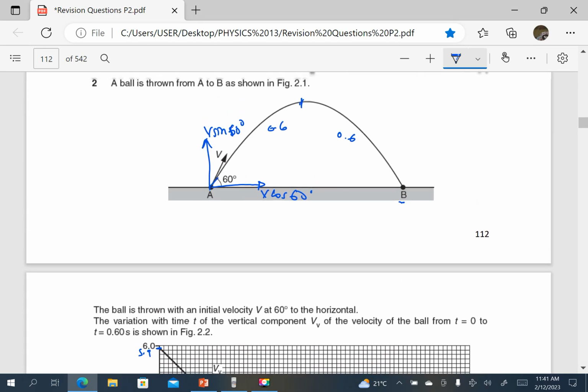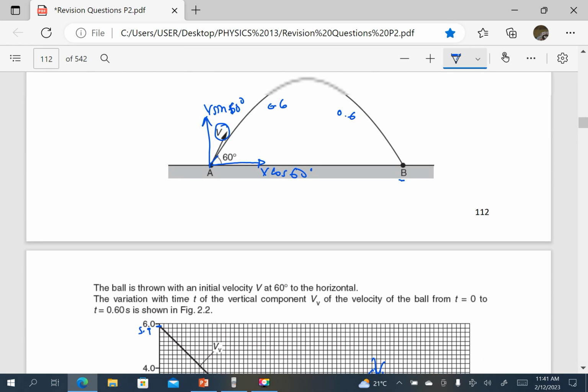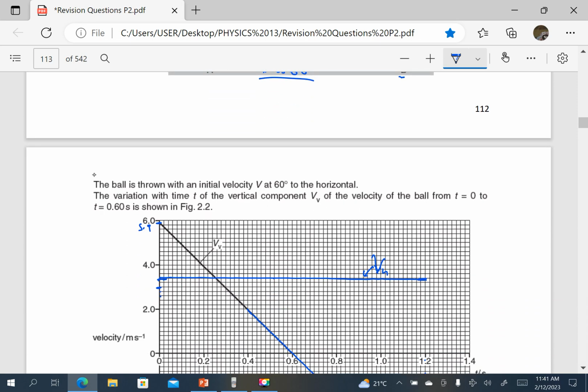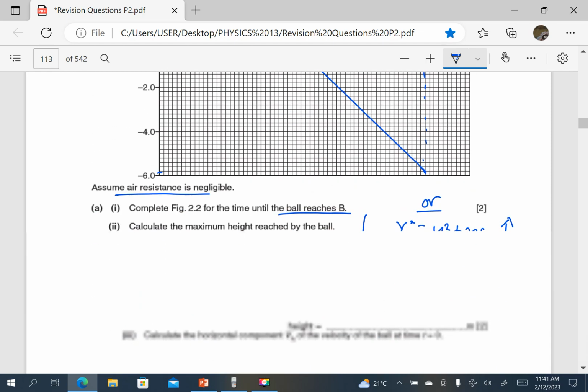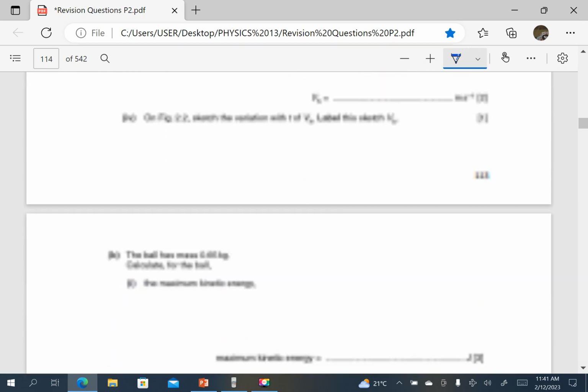That is, at this point here, we needed the V. We need the V for the kinetic energy. So for V, we can use either the horizontal component or the vertical component, and we'll be able to find V. But the vertical component at t equals 0 is 5.9 from the graph. That's why I'm now finding V from that.